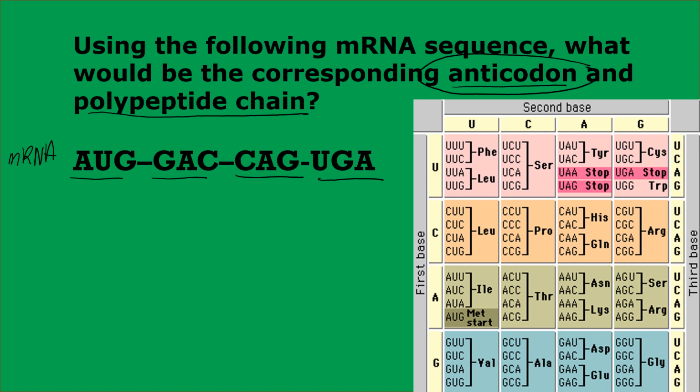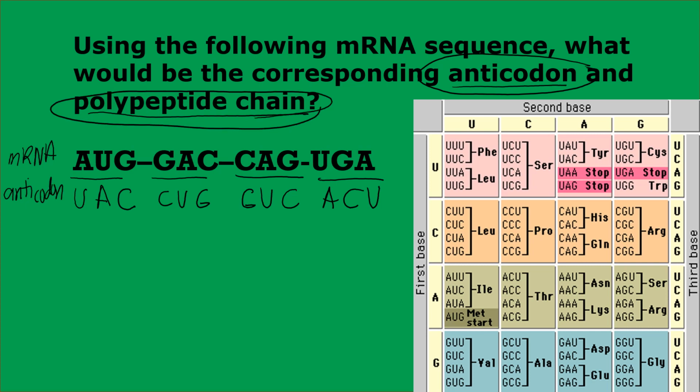Uracil pairs with adenine, and guanine pairs with cytosine, and the rest. A, C, U. So these are our anticodon. Then we're also looking for the polypeptide chain.